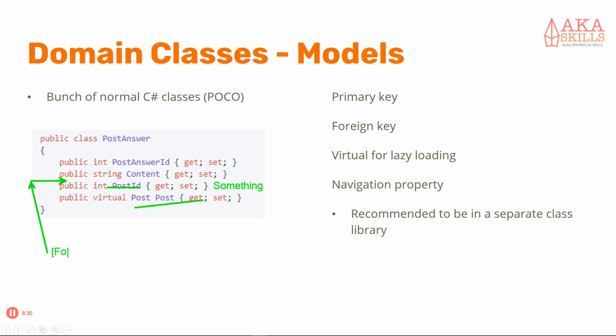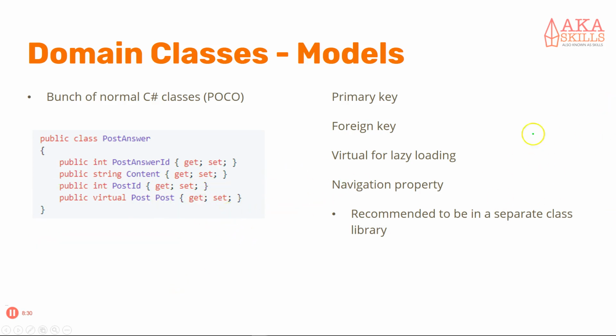This attribute will be foreign key, and in a string I'm going to give the name of the variable that I referred to. And now my post ID, which is with the new name something, wants to refer to this post. So I'm giving that, and it will work even with the something name.